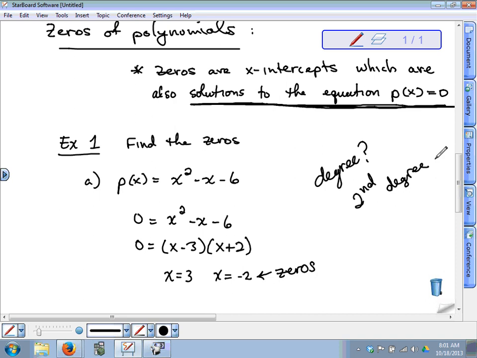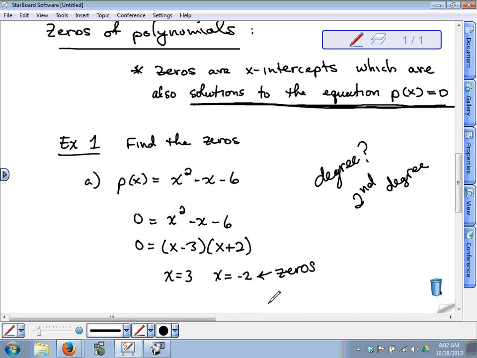There were 2. Okay. What connection are we making here? What degree was this? Second degree polynomial. How many zeros were there? There were 2 zeros. Are you listening? Forming the connection? Okay. What's significant about the degree of a polynomial? It will tell you the number of zeros.